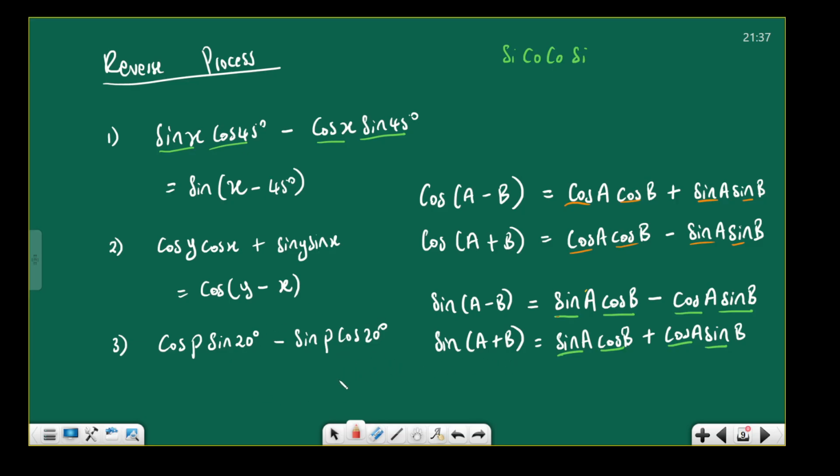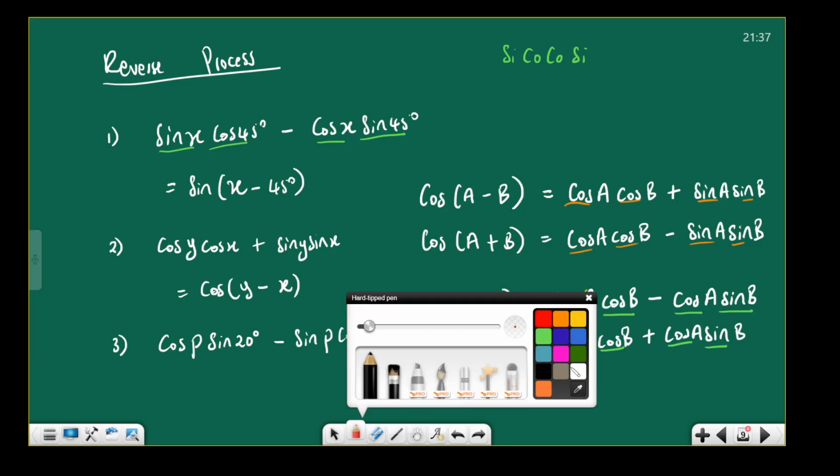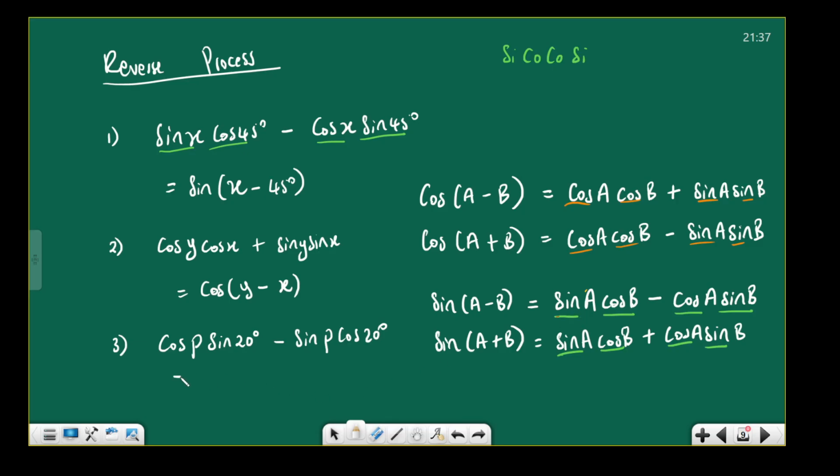So what you need to do first before you can solve the question is to rearrange. You write this as minus sine p and then have the cos 20 here, then write this one as plus cos p and then sine 20.